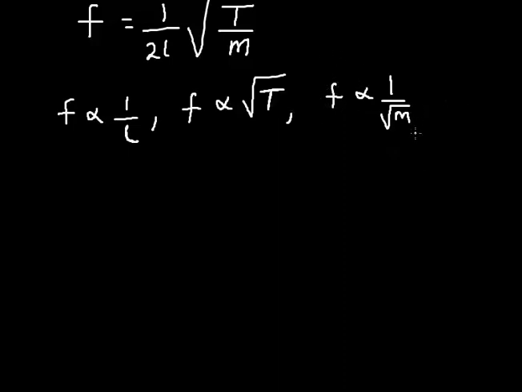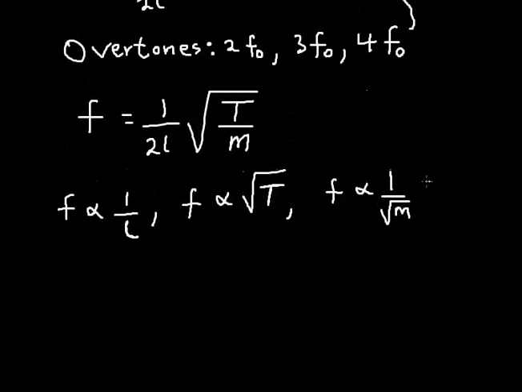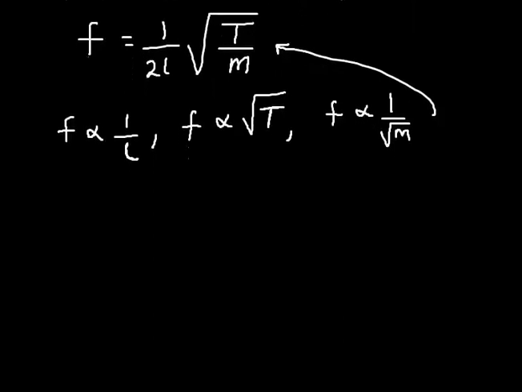A bass guitar has strings with a large mass, which reduces the frequency, and that is why you have that bass sound from a bass guitar. I hope that is well understood. This illustrates the relationship between tension, mass, and length as it affects the frequency of a stretched string.